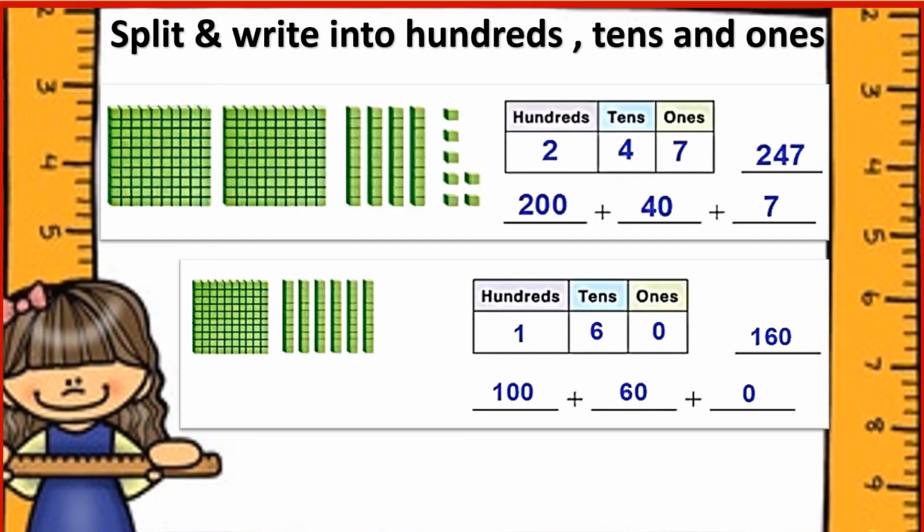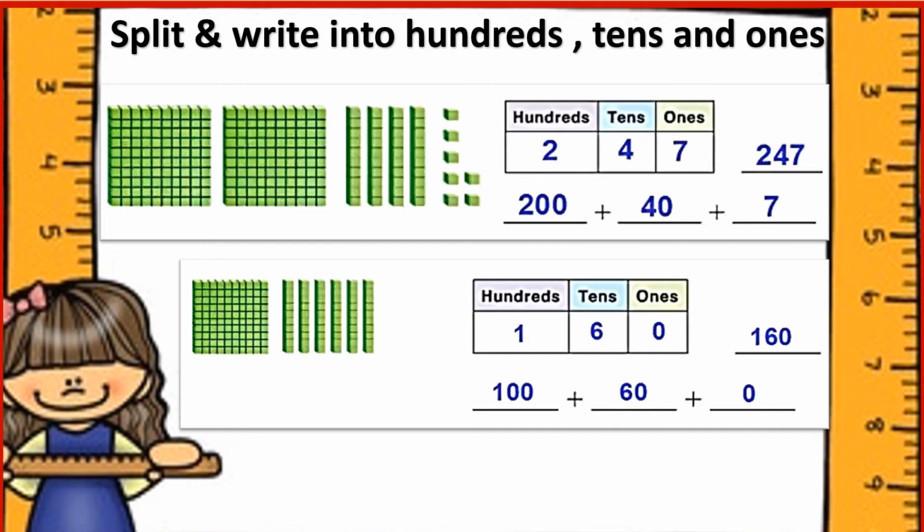So children, let's do some quick examples. Split and write into hundreds, tens and ones. So if there is a number given, 247, how are we going to split it? So how many stacks or layers of 100 we have? 2 layers of 100, which makes it 200.